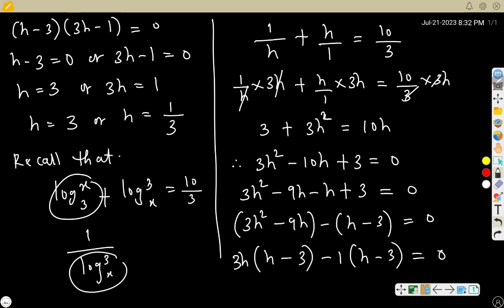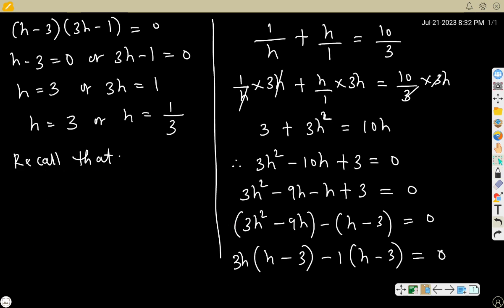So I said let log 3 base x be equal to h. Now we know that h is 3, so that means log 3 base x is equal to 3.